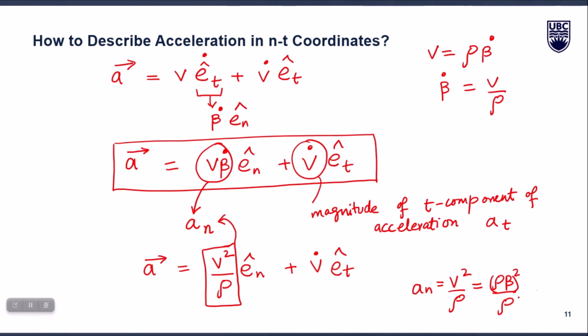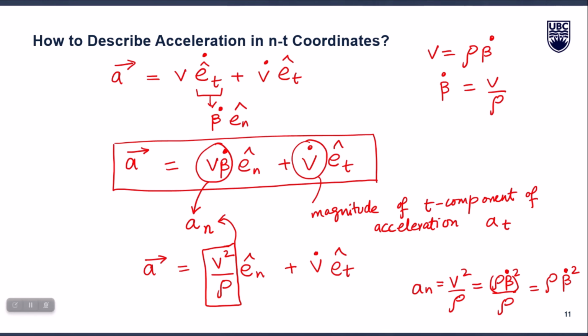This will become rho times beta dot square, right? So a sub n can be written in 3 or 4 forms. It can be written as v times beta dot, it can be written as v square over rho, or it can also be written as rho times beta dot square, right?